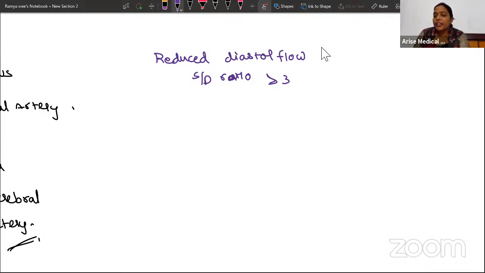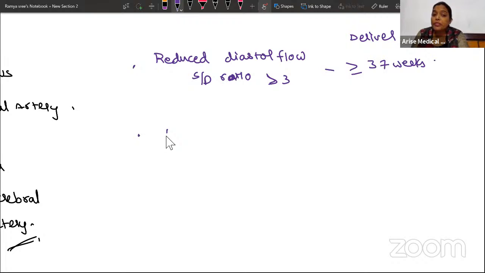Whenever you have a patient with reduced diastolic flow, deliver them by 37 weeks. Don't prolong their pregnancy beyond 37 weeks. Not worth it, right? So deliver at equal to or more than 37 weeks.